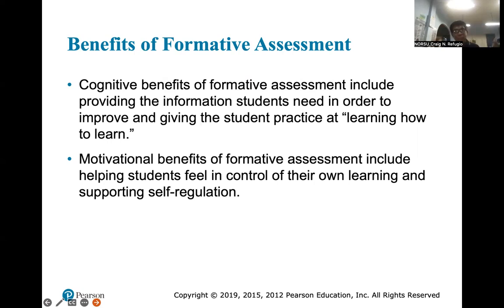And we look into the errors, and you are going to monitor the progress while writing the correct spelling of the words. And if you are going to correct them, you are going to give feedback on how they progress in the spelling activity or even in any kind of activity, then that will actually produce a motivational benefit as well as cognitive benefit.